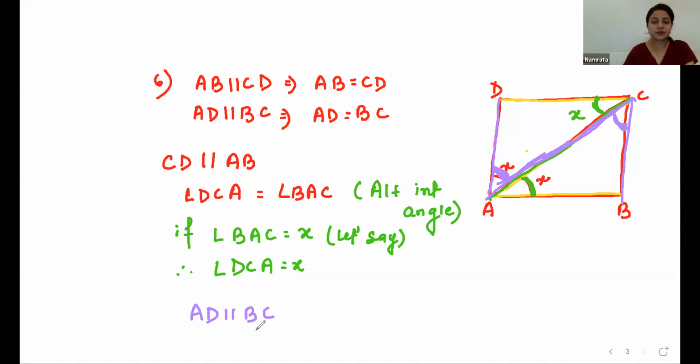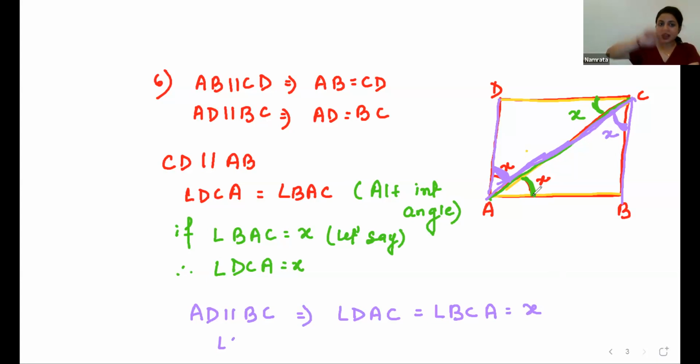So we will be writing angle DAC is equal to angle BCA, and both are x only. So this is also we got as x, right? So can you see this x, and then that x also, that x also.